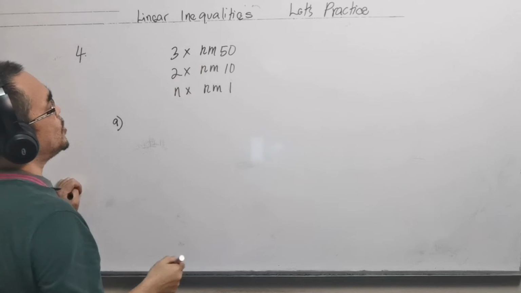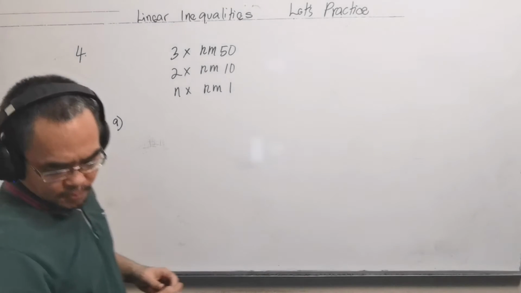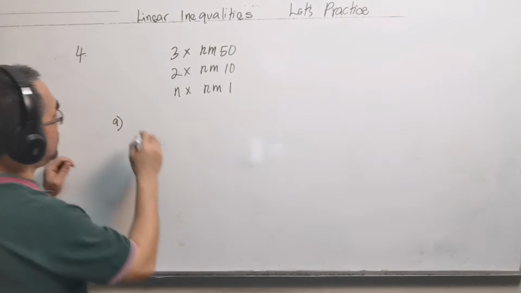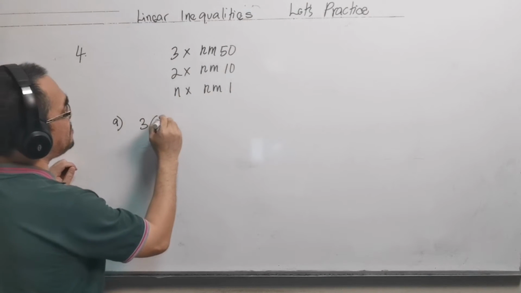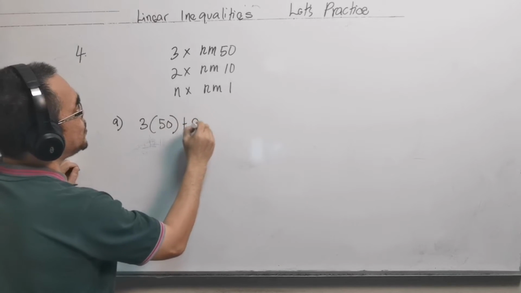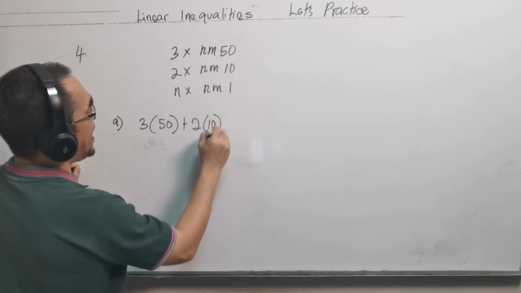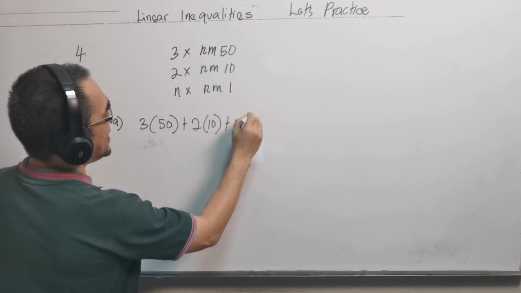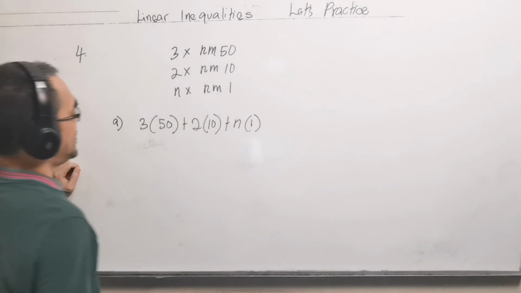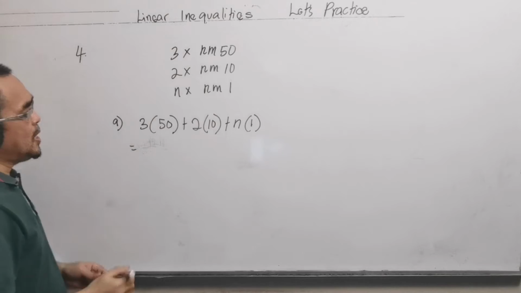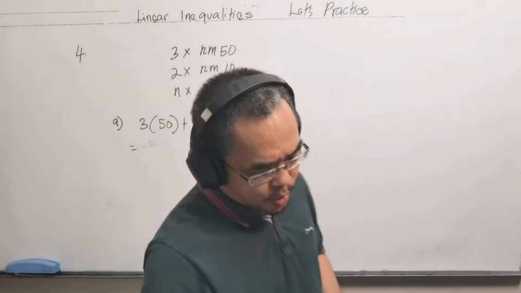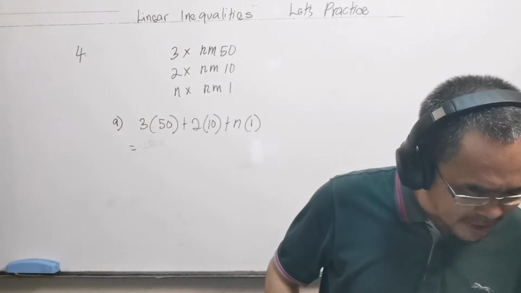So just say 3 times 50 plus 2 times 10 plus N times 1. That is the expression. I think we should simplify this.